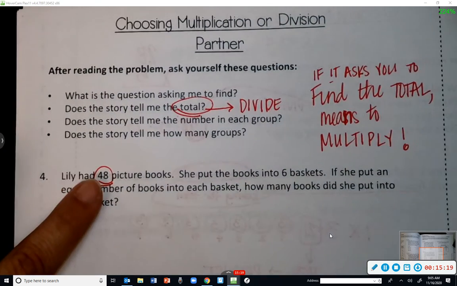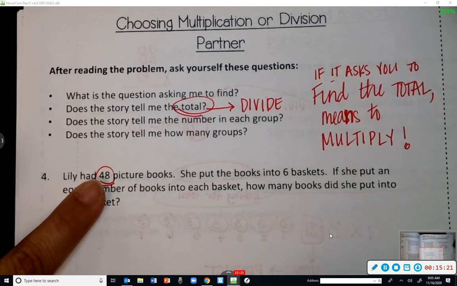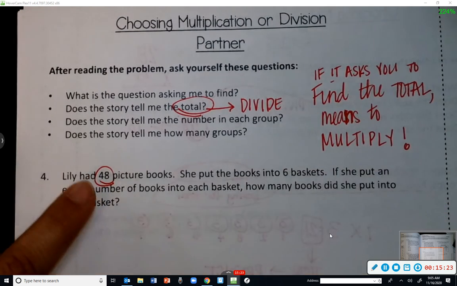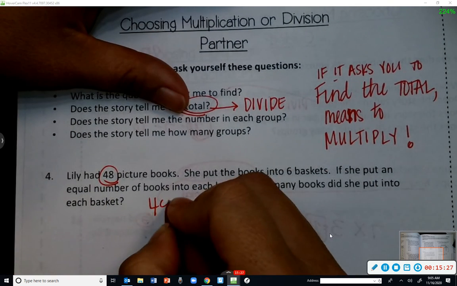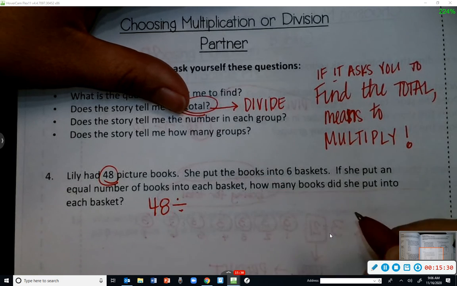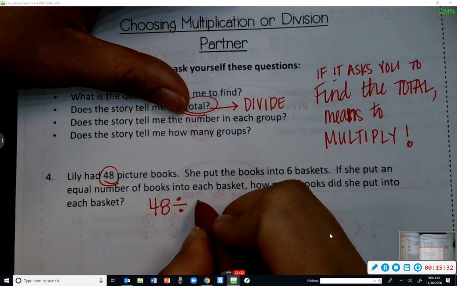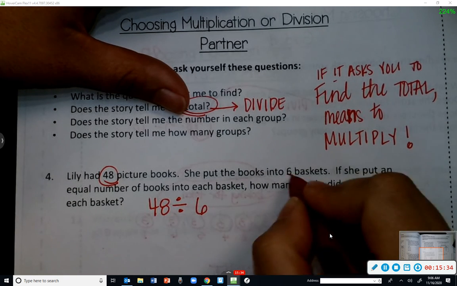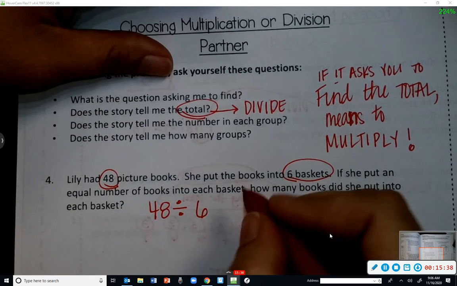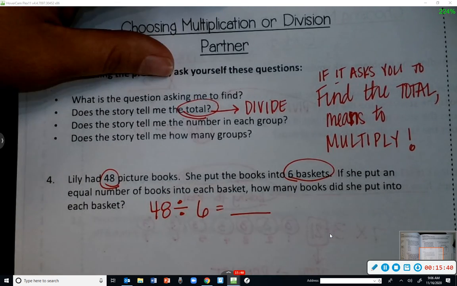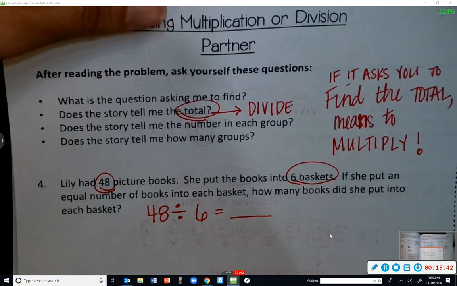Okay, so if I'm given the total already, then that means I'm going to do what? Divide. Good. We're going to take her 48 books and split them into 6 baskets. So now we need to know how many books go in each basket. Okay?